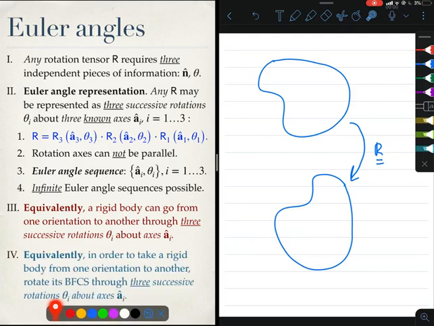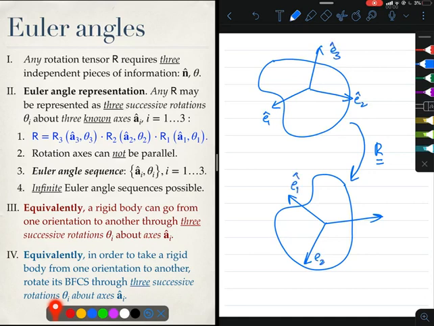Another way to look at it is that I could draw a body fixed coordinate system of this rigid body, which then becomes this coordinate system. So that's E1, E2, E3. That's the BFCS. This is at some other time, so if you want you can mark it by primes. So that's the BFCS now.